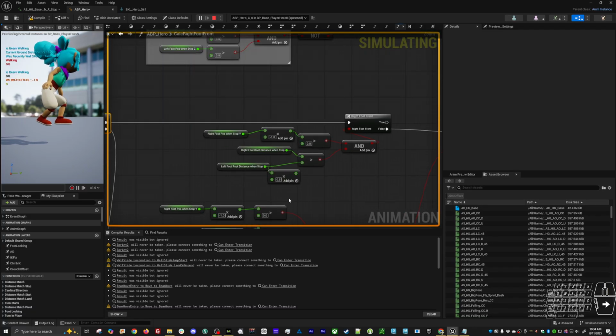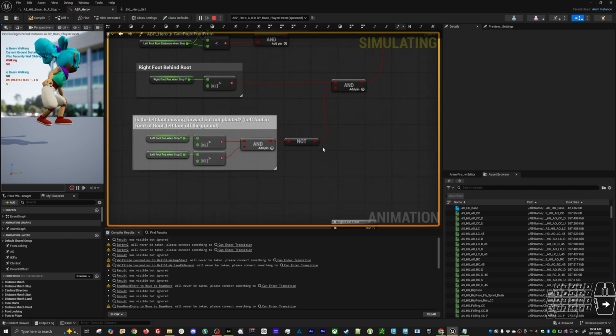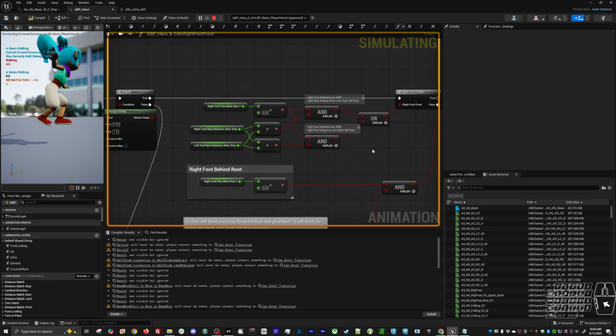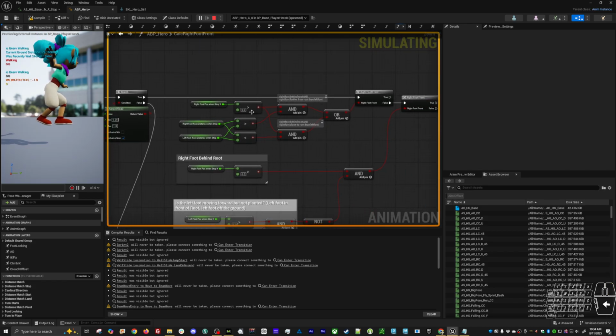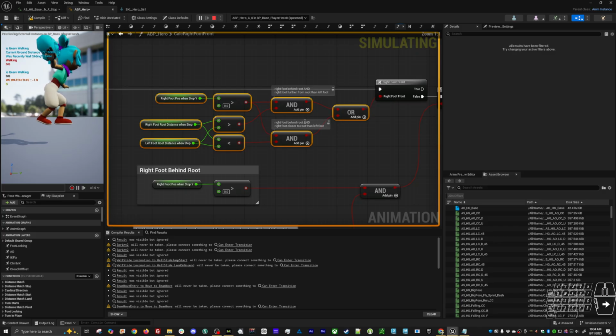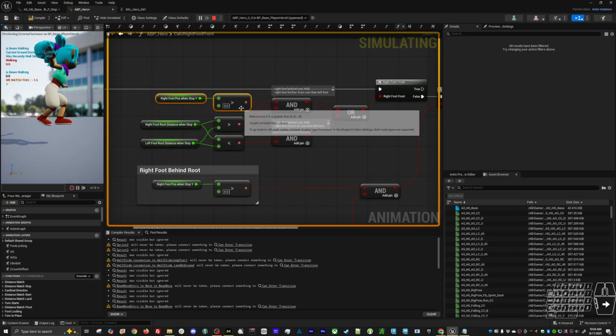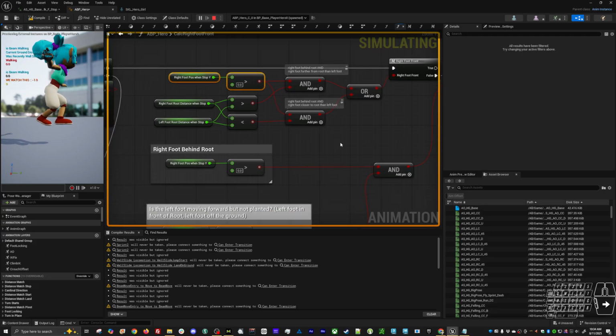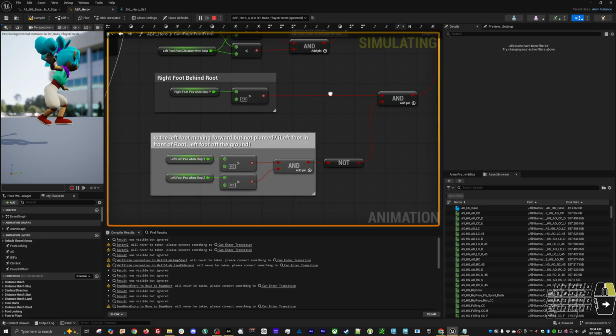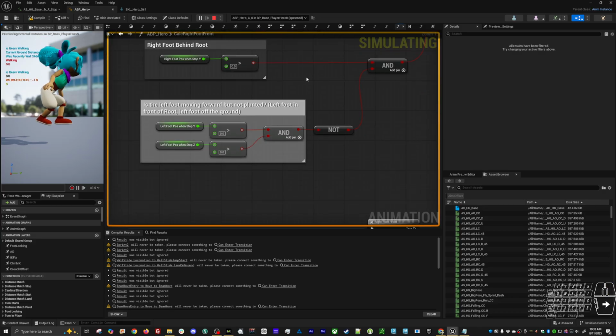I know I'm not going in strict detail here. It is kind of complicated, and it's been a while since I've looked at it, so you'll have to accept my apologies there. But we're basically just saying, is our right foot closer to our root, yes or no, than our left foot? And then we're asking ourselves, is the right foot moving forward but not planted?